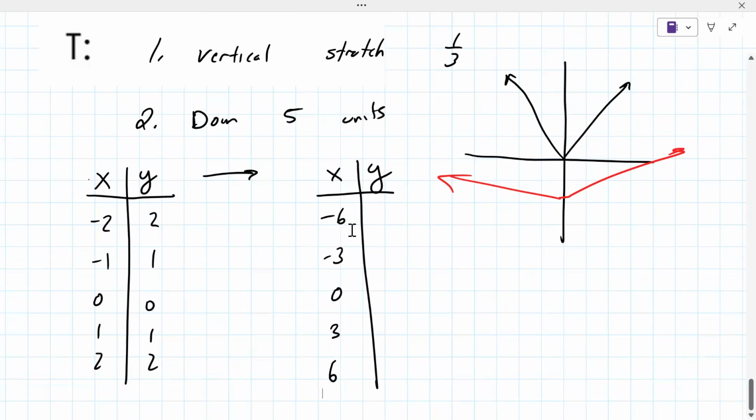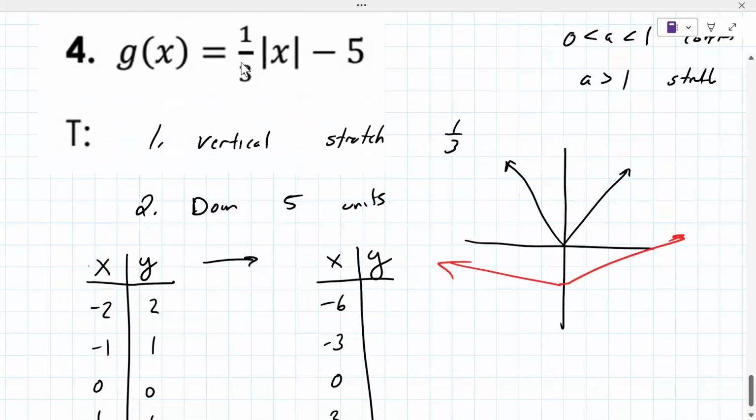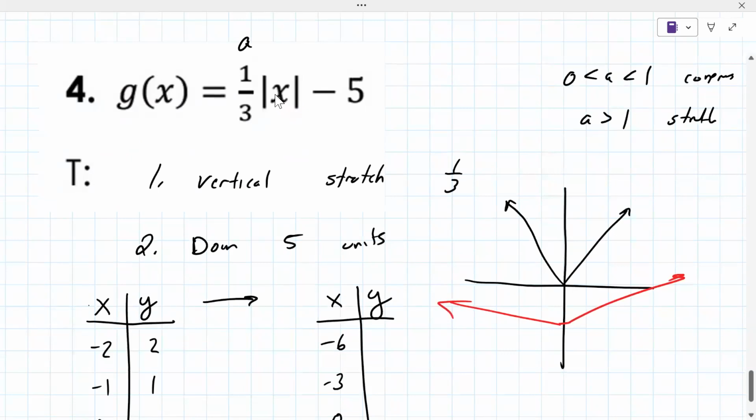Okay, so remember, it's the absolute value of this number times 1/3 minus 5. Imagine you're putting in -6: absolute value times 1/3 minus 5. You're going to end up getting -3 when you do that.